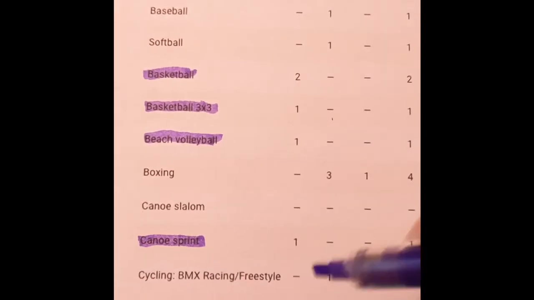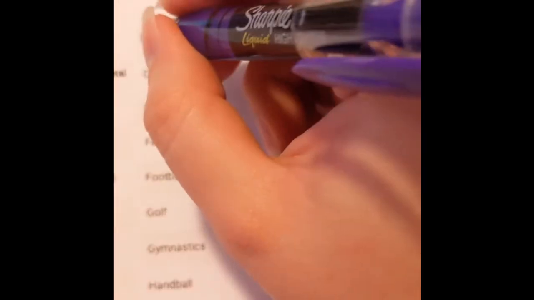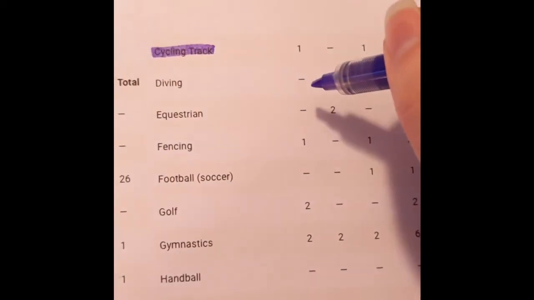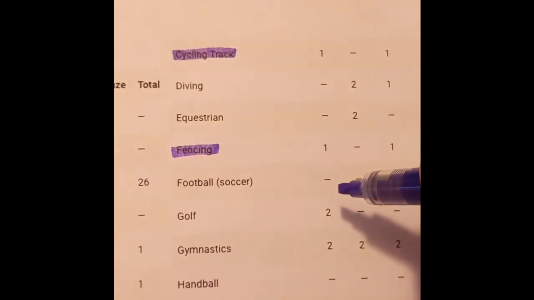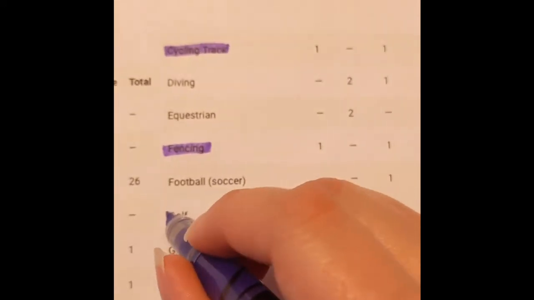None in BMX racing. Come back over to the top. 1 in cycling track. None in diving, none in equestrian. 1 in fencing. None in soccer. 2 in golf. 2 in gymnastics.